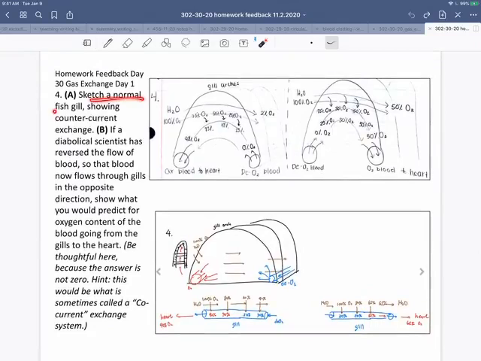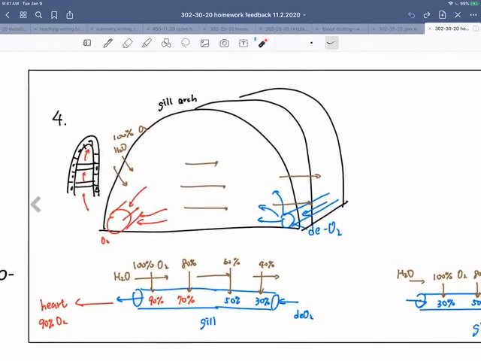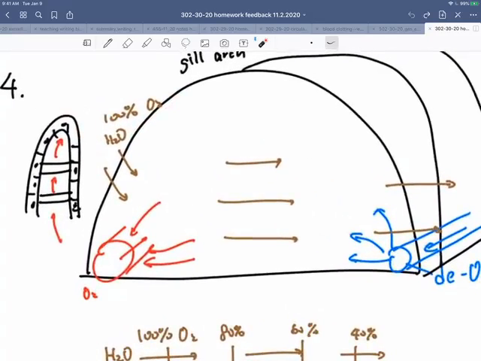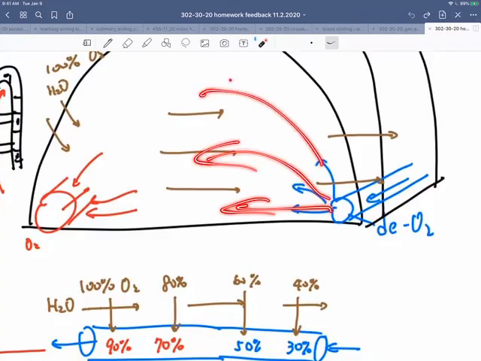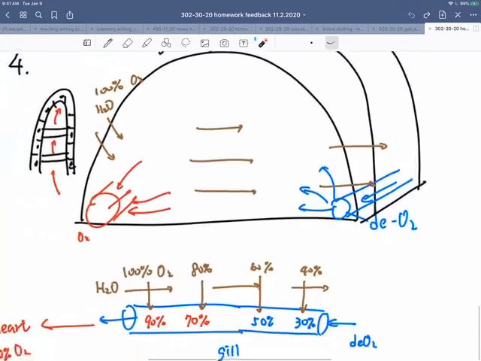Fourth was to show a normal fish gill showing countercurrent exchange, and then what would happen if you reversed it. So let's start with this one. Here are the lamellae of a fish, and the water is moving here across them, or between them, coming out here, between them, coming out here, and 100% water, 100% oxygen, saturated with oxygen coming in, and it's encountering deoxygenated blood that's going through the lamellae like so.